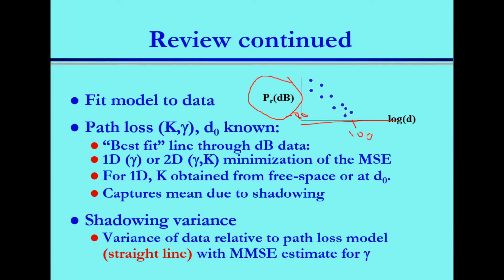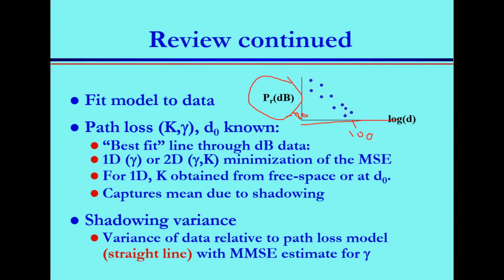So at the end, you end up getting these points, and you want to find a line that can fit or model these points in such a way that the error is minimal.